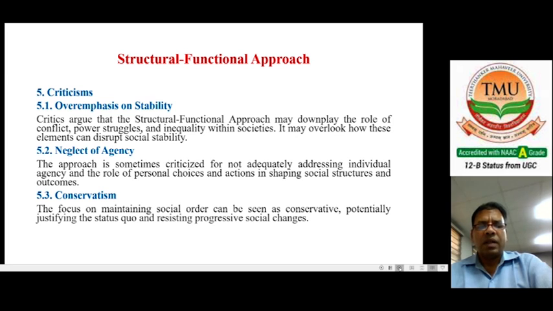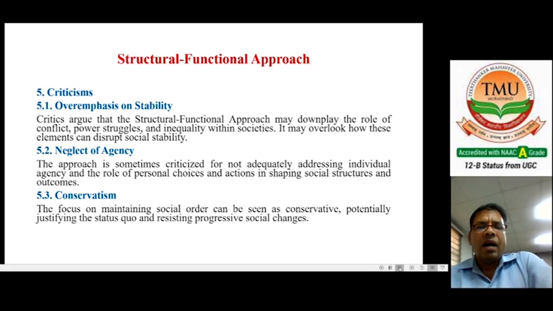The last one is conservatism. The focus on maintaining social order can be seen as conservative, potentially justifying the status quo and resisting progressive social change.